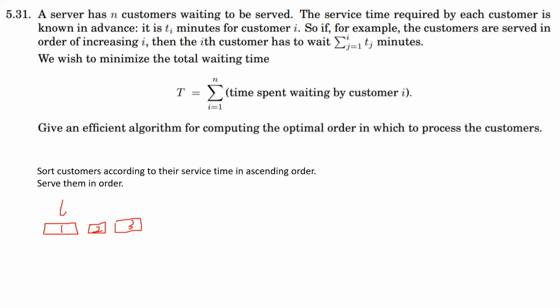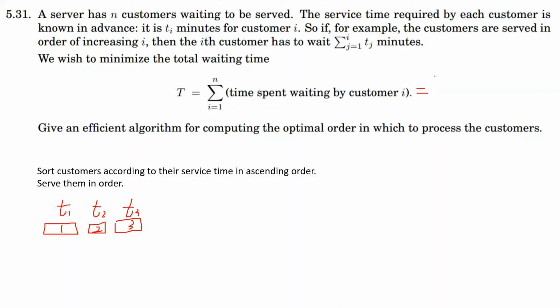And for the first one, you have to serve it for time T1. Then all the customers have to wait for T1. Customer 1, 2, 3, and then you serve customer 2 for T2. Only customers 2 and 3 have to wait for T2, and only customer 3 has to wait for T3.